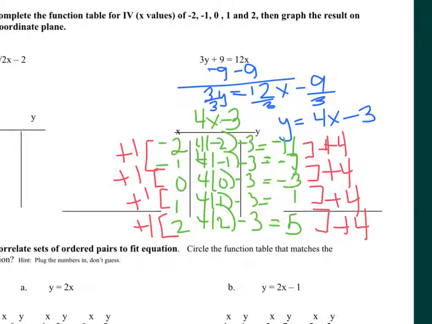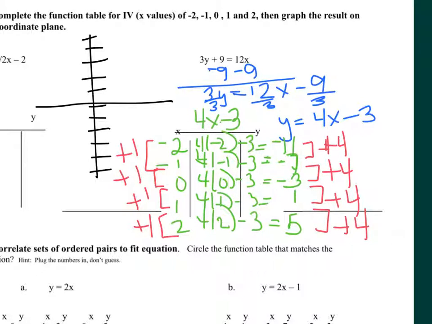So I'm going to do a really quick graph. So it looks like I need negative 2, negative 1, 0, 1, and 2. And then on my y, I'm going to need to go up to positive 5 and down to negative 11. So let's see if we can do that. 1, 2, 3, 4, 5. Okay, that's not the prettiest graph, but I think we'll figure it out.